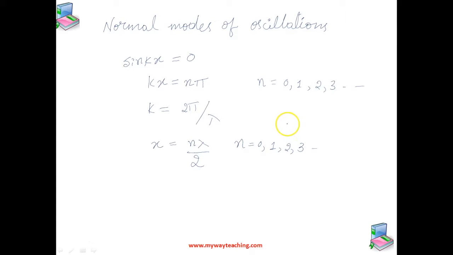It goes on. So clearly the distance between any two successive nodes is lambda by 2. It can be the distance between two nodes or the distance between two antinodes, you can take any one. In the same way, the positions of antinodes, where the amplitude is largest, are given by the largest value of the sine, because antinodes have the maximum amplitude. The largest value of sine is 1, isn't it?